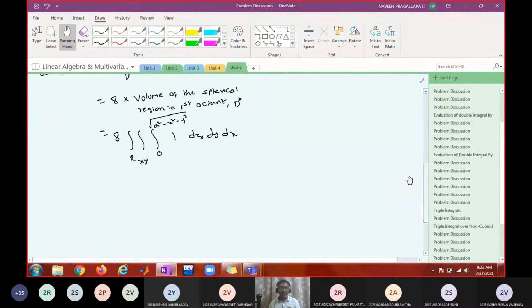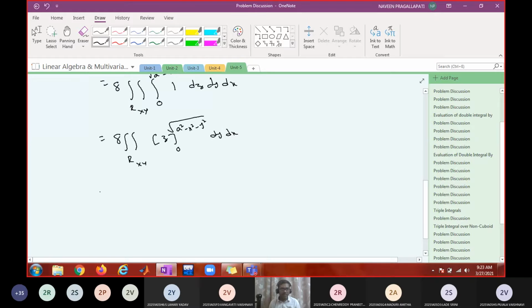Yes, sir. Right. So this is 8 times double integral over Rxy of the integration of 1, which is z, with the limits from 0 to root of a square minus x square minus y square, dy dx.